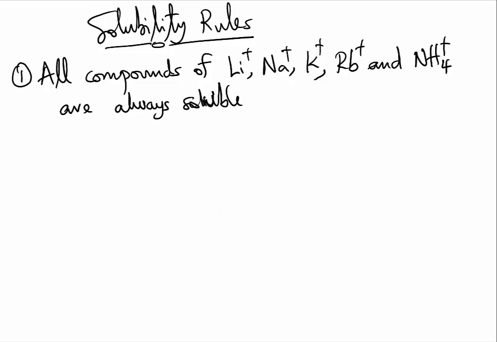What does that mean? It means anytime you see lithium ion or sodium ions or potassium ions or rubidium ions or ammonium ions in any compound, then that compound will definitely be soluble. That is why the word always is used here.